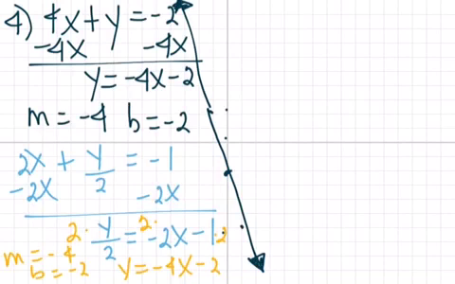So to graph that, we start with the y-intercept, which is negative 2. A slope of negative 4 means to go down 4, right 1, or up 4, left 1. And if you'll notice, my lines are superimposed over each other.